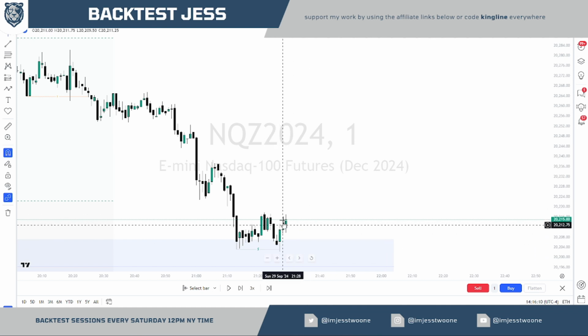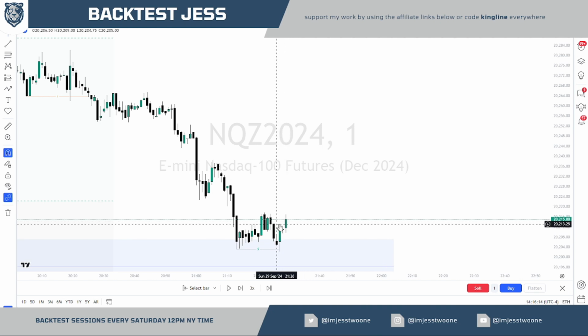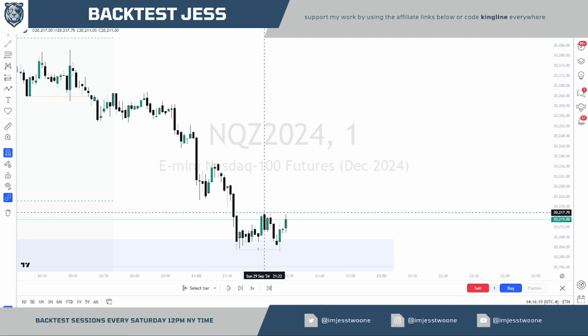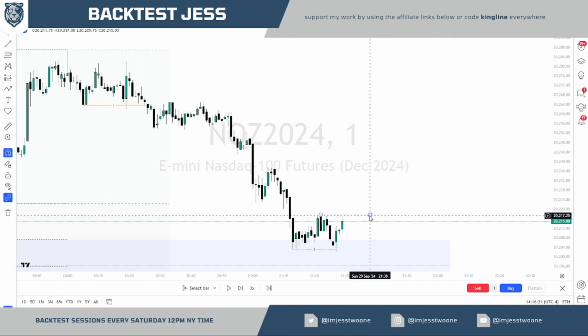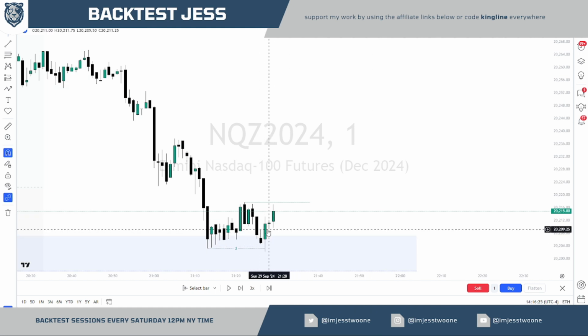Great, now we have some displacement through previous candles. We've at least closed above previous candle highs. We do want to see this form as well, or we anticipate that this will be broken through. Notice here we don't actually retrace into this fair value gap, but we do get that retap of that inversion.